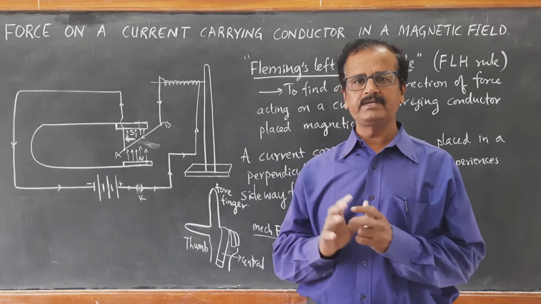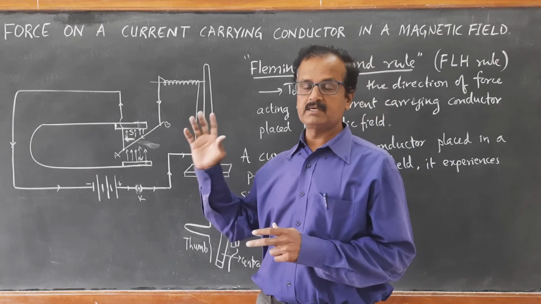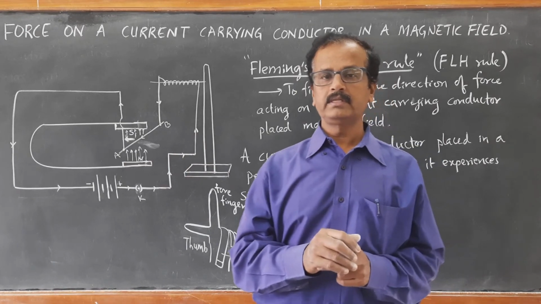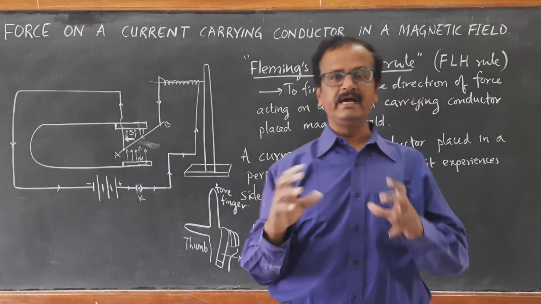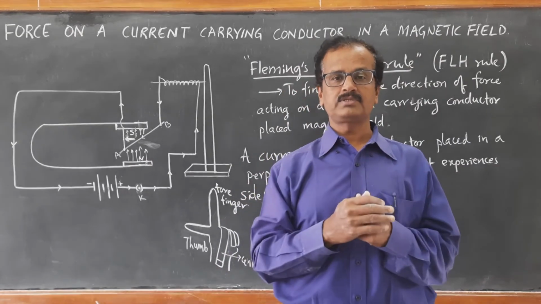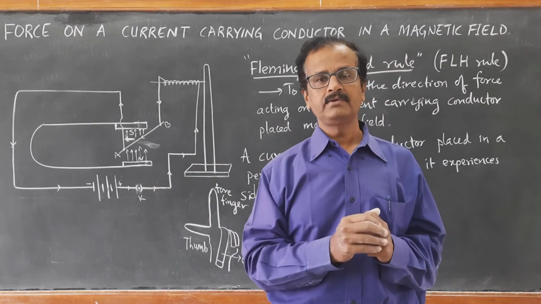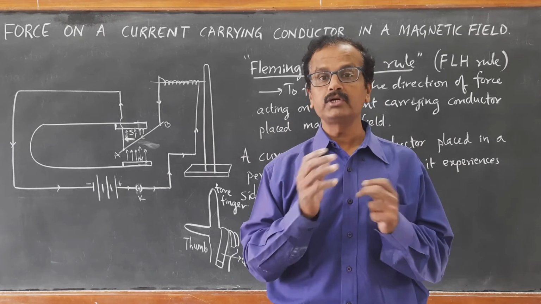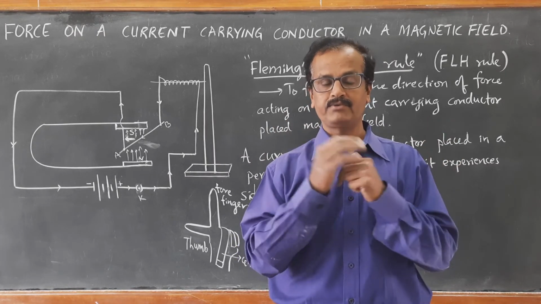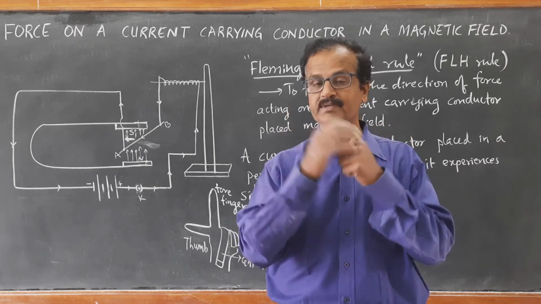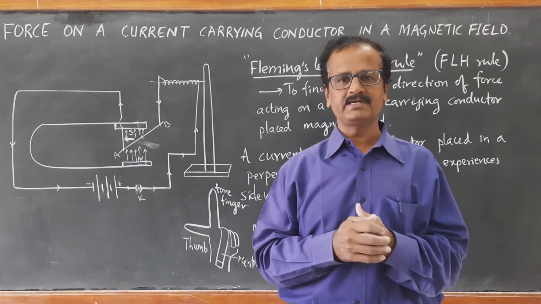So this appears to be very simple, but this becomes the principle that a current carrying conductor placed in a magnetic field experiences a force. This becomes the principle of the working of a motor, generator, microphone, and loudspeakers. So it finds a lot of application.